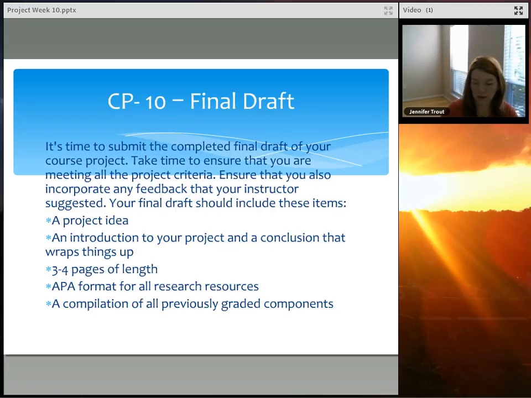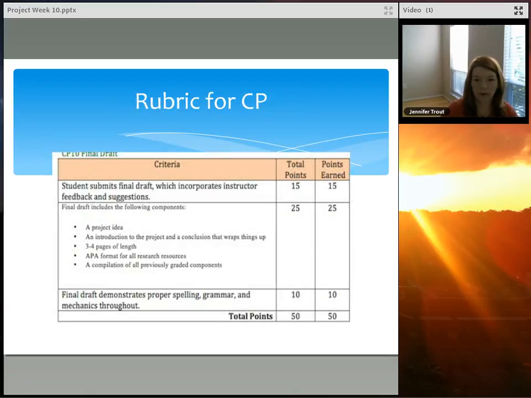As you've turned in at least 2 parts of this already, your introduction, the other 2 sections, and your conclusion should easily get you to the 3 to 4, actually probably more like 4 to 5 pages in length. And of course, make sure you use proper APA formatting. So you've got 15 points for the final draft, and 25 points that you've hit your project idea.